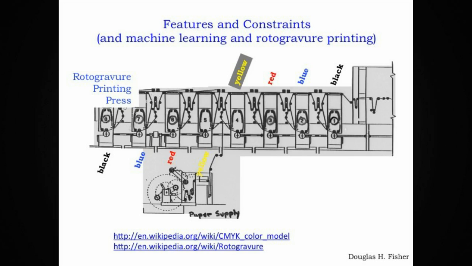There are 8 printing units organized into sets of 4. Each set of 4 is dedicated to one side of the paper, and the paper is stored under the floor. It's, I don't know, at least a ton, maybe several tons, and it's fed up through the floor to the printing units. It goes through 4 of the printing units, each dedicated to the primary colors of yellow, red, and blue.